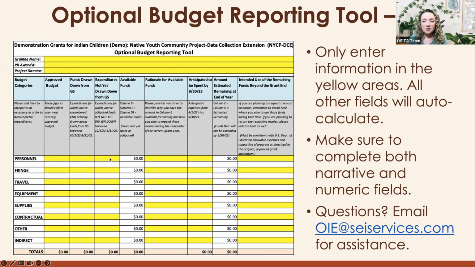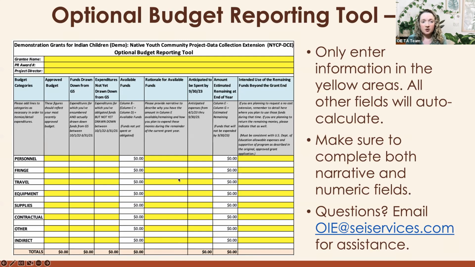This next column is any funds that you've spent but have not drawn down yet. There's often a delay between when you actually spend the funds and when the drawdowns occur. So you're just reflecting any expenditures that happened by March 31st but didn't get drawn down by March 31st. That will then, in this white column, calculate for you your current available balance.